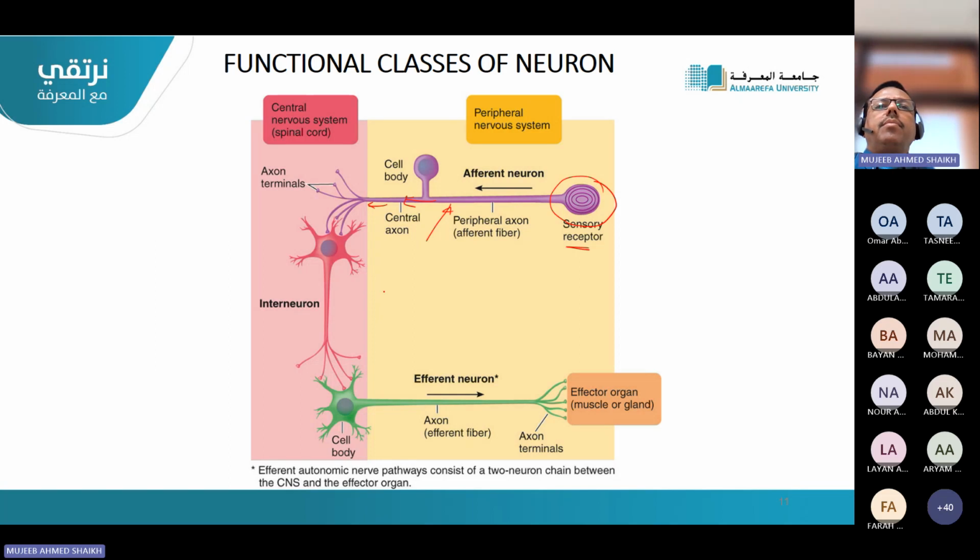Then they will take the information to the spinal cord, or to the center, or to the brain. And after that, some changes happen, and a locally modified signal will come out through a neuron which is called the efferent neuron. So efferent neurons are outgoing information.